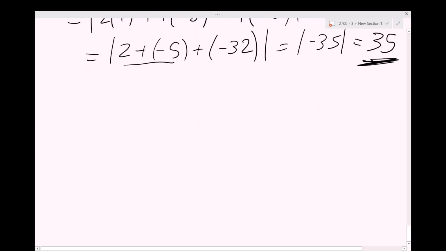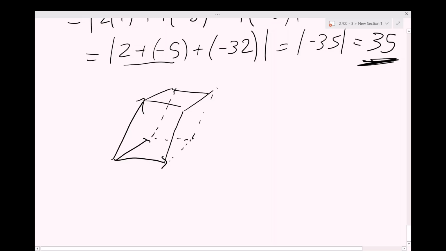Now that was the volume of the box, so that's a problem, because what we actually wanted was not the volume of this whole box, but the volume of just this tetrahedron that I get, this sort of triangular piece that fits in this corner. And now, what is the volume of that piece?